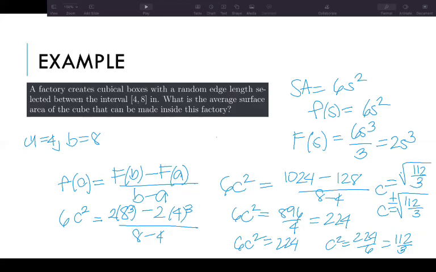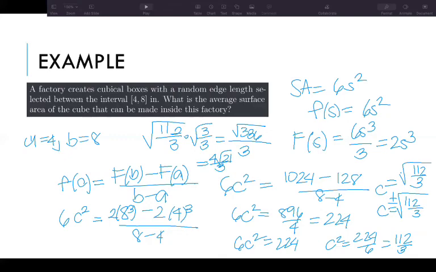Rationalizing the denominator, we have the square root of 112 over 3 times square root of 3 over square root of 3, which is equal to the square root of 336 over 3. But we can simplify this further into 4 square root of 21 over 3.